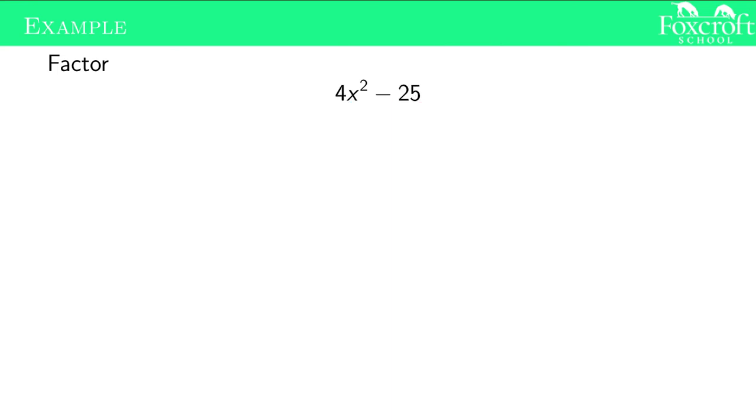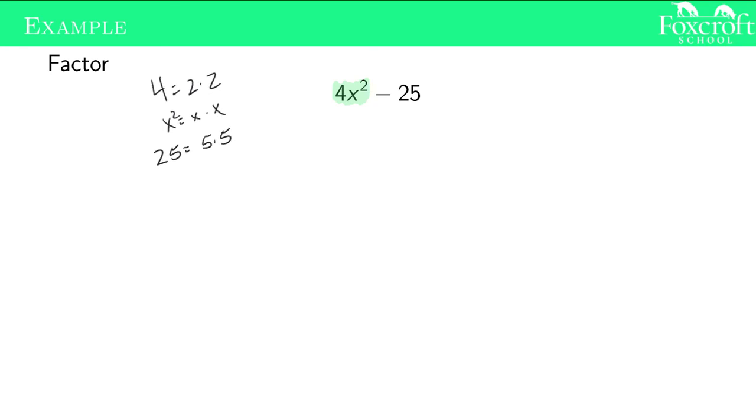All right, so here I changed it up a bit. It doesn't look like we can use our first shortcut anymore, because we have a 4x squared. That's not a single x squared. But this difference of squares shortcut is still going to work because 4 is 2 times 2, x squared is x times x, and 25 is 5 times 5.